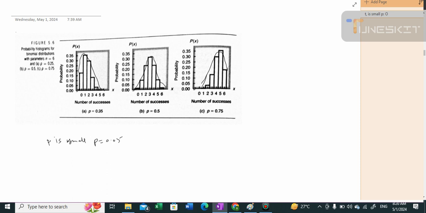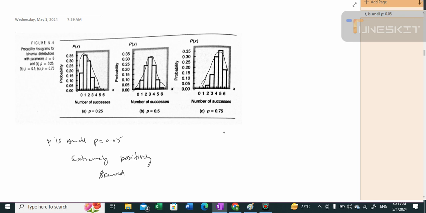Then at 0.25 we expect this behavior. It is still positively skewed. Then it starts approaching symmetry and attains the shape of perfect symmetry at p equals 0.5, and then it starts changing its shape to negatively skewed.